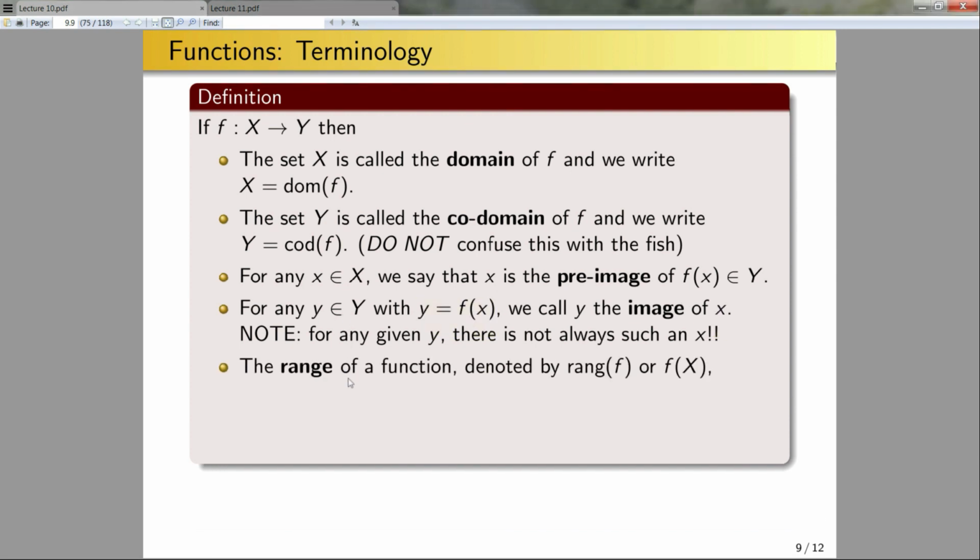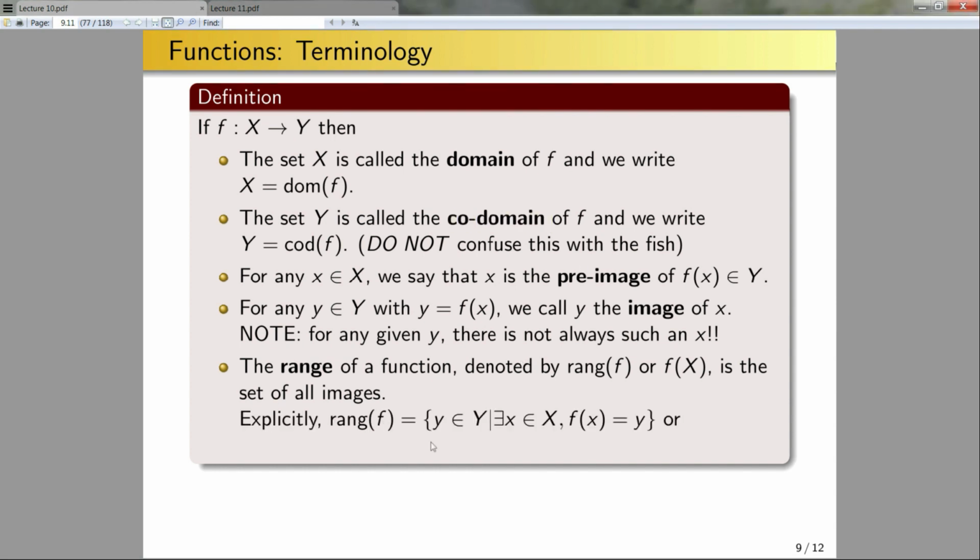So next, the range of a function, denoted by range of f, or f of X with capital X denoting all of the elements in the subset, is the set of all images. So explicitly, the range is the collection of all things that the elements of X map to. And do note that the range will be a subset of Y, or explicitly, the range is a subset of the codomain.